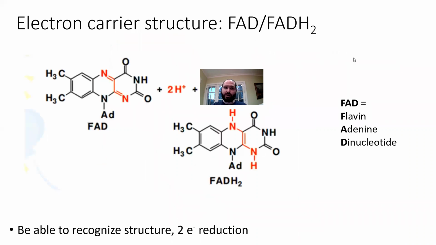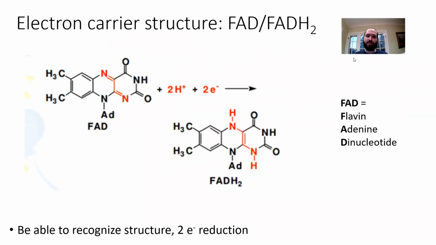And then here are the oxidized and reduced forms of FAD. Unlike NAD+, which only gains an H- and releases an H+, FAD will gain 2 H+ and 2 electrons. So we'll go from this structure, and we'll reduce it to this structure. That's why our FAD can gain 2, and that's why we call it FADH2.